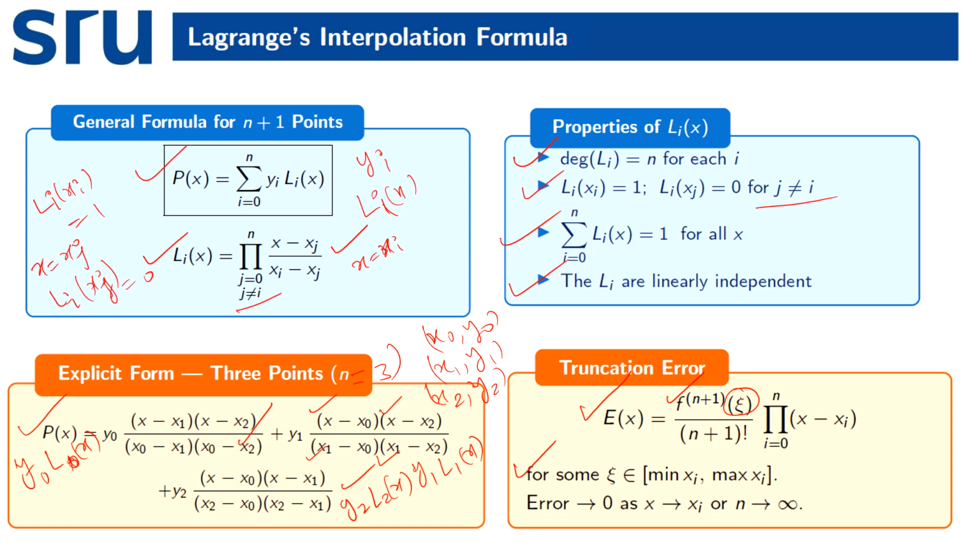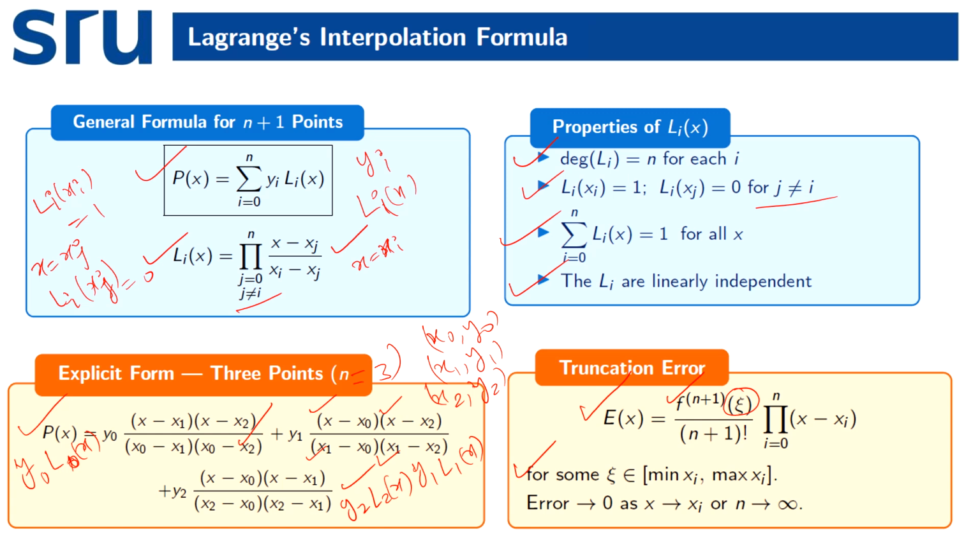What does this mean? The error depends on the smoothness of the function, the number of data points, and the distance of x from the given points.